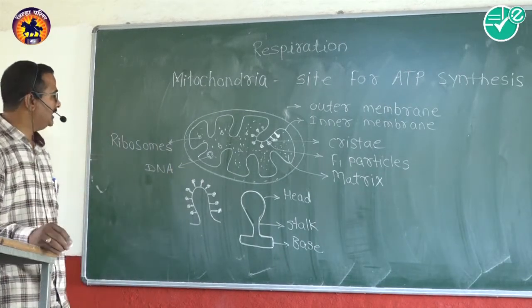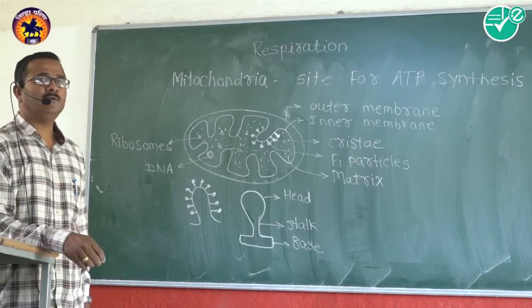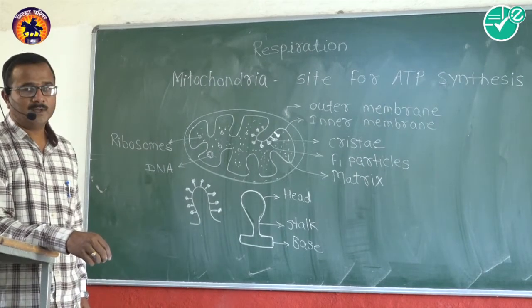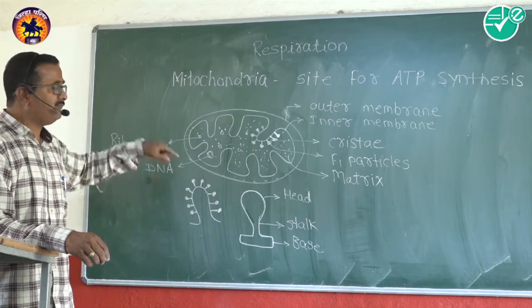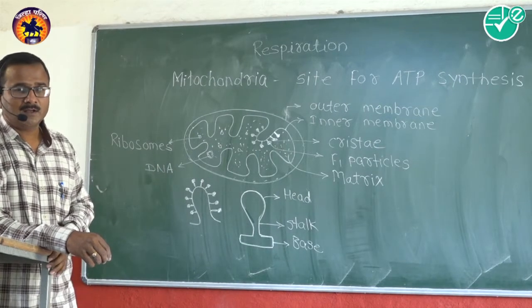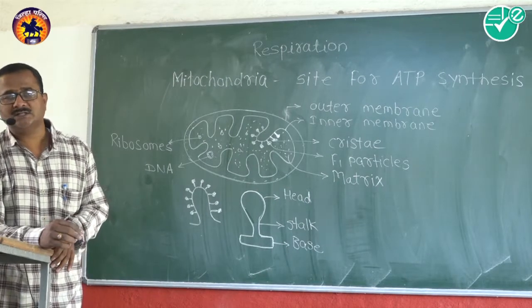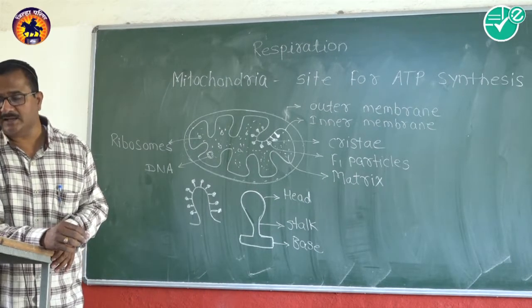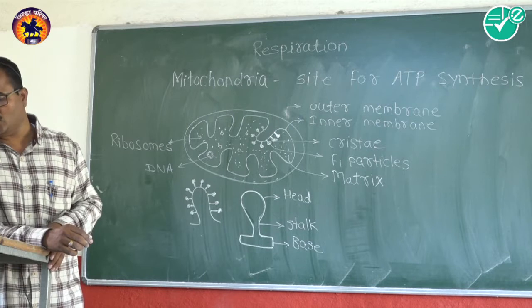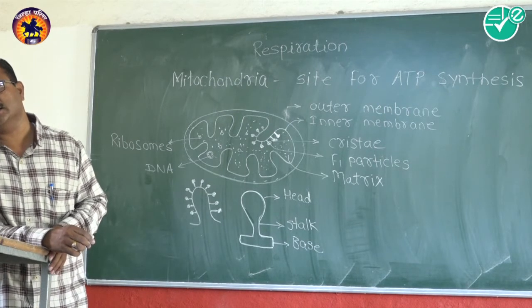The number of DNA copies may vary in mitochondria, but due to the presence of DNA, mitochondria is a self-duplicating and self-autonomous cell organelle.